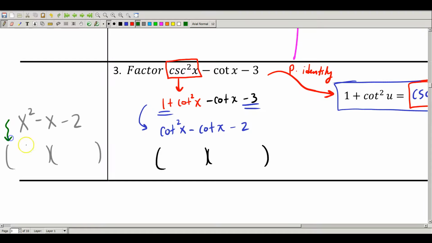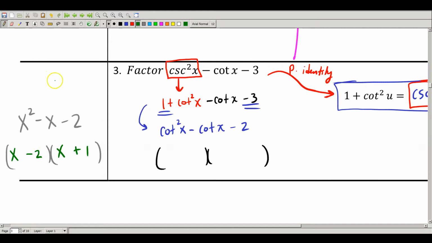So this is a very traditional factoring problem. We think about, okay, what multiplies up to x squared, and that's x and x. What multiplies up to negative 2 and adds up to negative 1? Well, that's going to be a minus 2 and a plus 1.